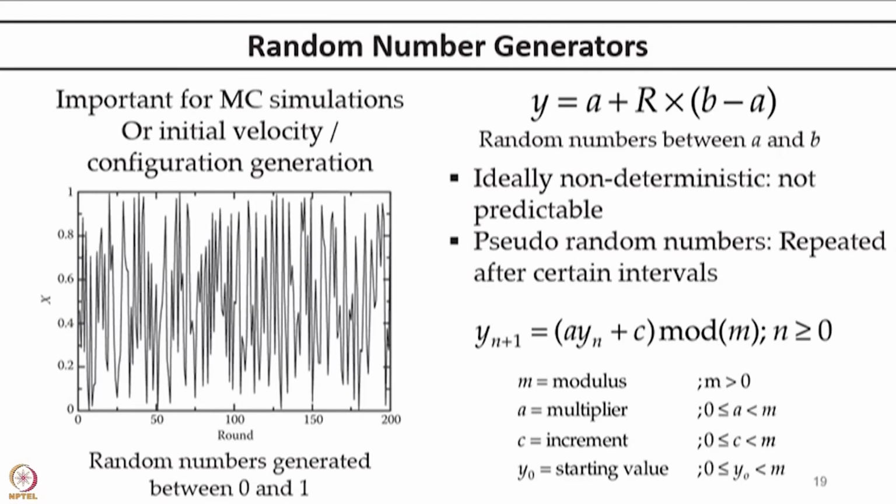So the basic idea is to push the system in different directions randomly, so that my system samples the maximum number of configurations. This is done by using a random number generator, so that the positions and the velocities of each atom or molecule are changed randomly by a small amount.